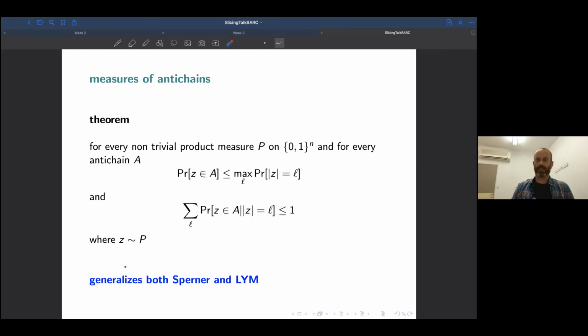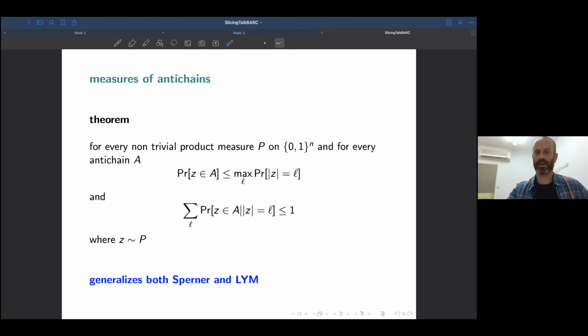So here's the theorem that we needed and that we proved. It's a generalization of Sperner's theorem and of the LYM inequality for general product measures. So there is a product measure on the hypercube, and there is an antichain A in the hypercube. Then the probability that a random element falls inside the antichain is small. It's at most the probability of hitting a single layer of the hypercube.